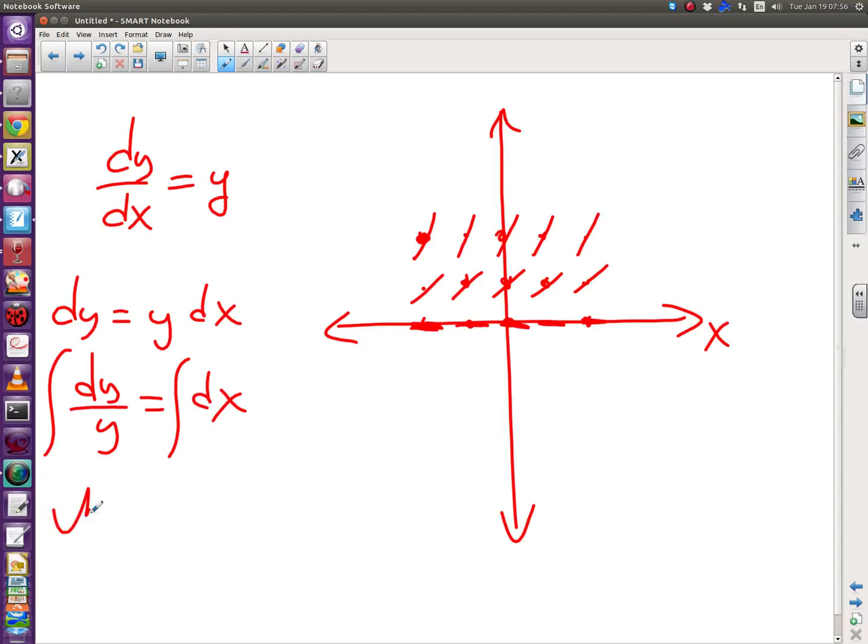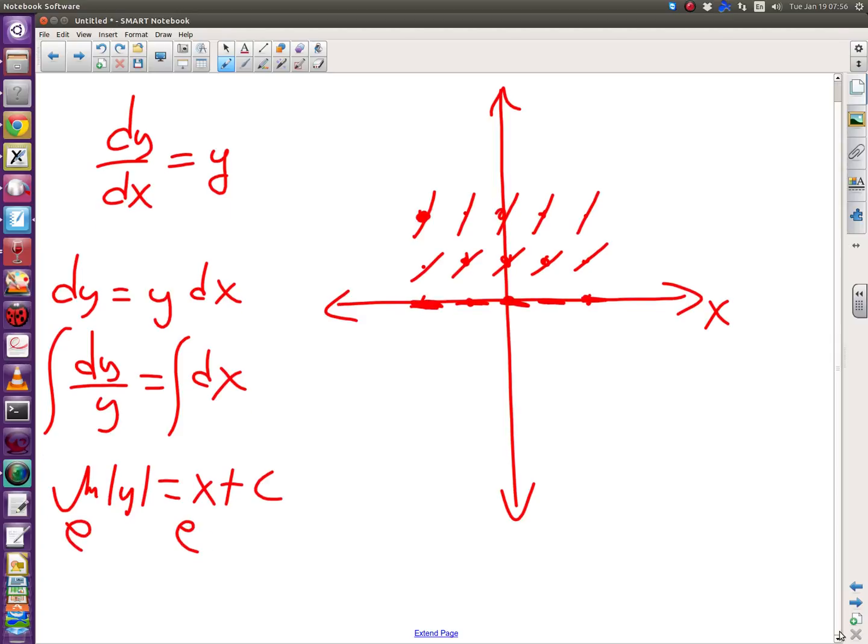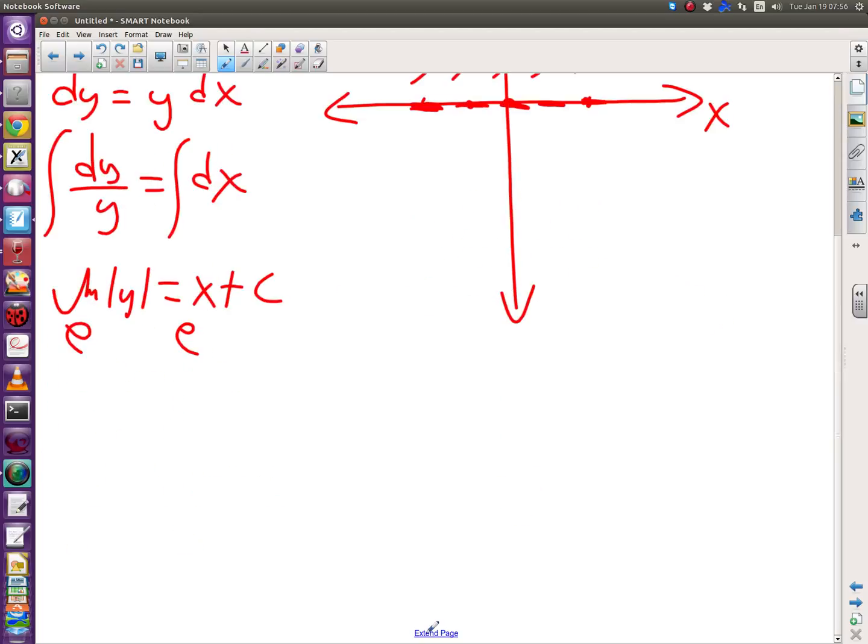All right, so the ln of absolute y is equal to what? x plus a constant, right? Okay, can we get rid of the ln? I want to get y alone if I can. e to both sides, and you get y equals, well, let's do it this way, b e to the x. Now, I went through the point 0, 1, right?